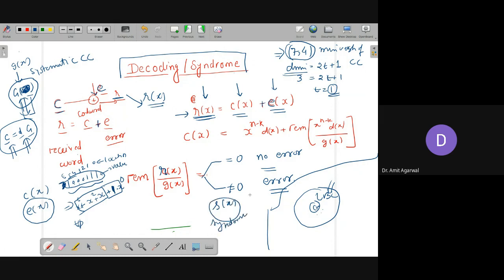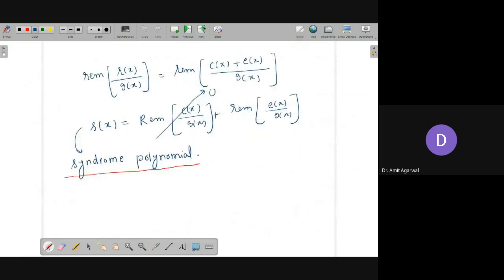It is quite similar to what we did in the case of LBC, where we obtained the syndrome. Here we are getting the syndrome polynomial. Okay. This syndrome polynomial, whatever we receive, gives you the location of the error.